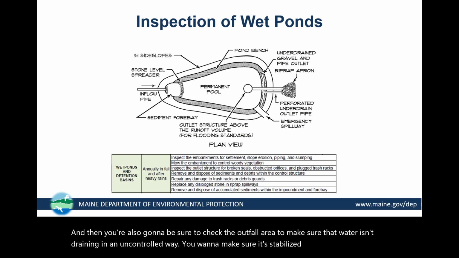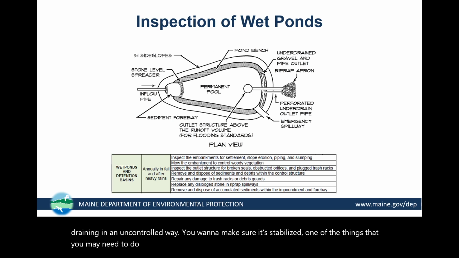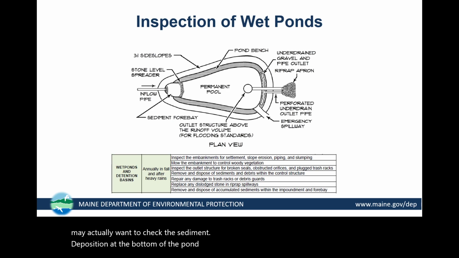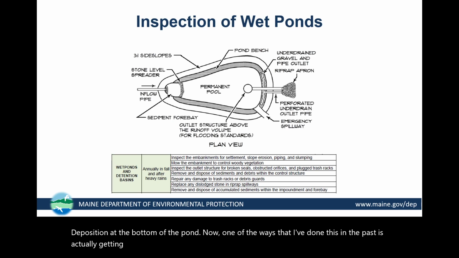One of the things that you may need to do, depending on how old the wet pond is, is check the sediment deposition at the bottom of the pond. One of the ways that I've done this in the past is getting in a kayak or a canoe with some type of long measuring rod.